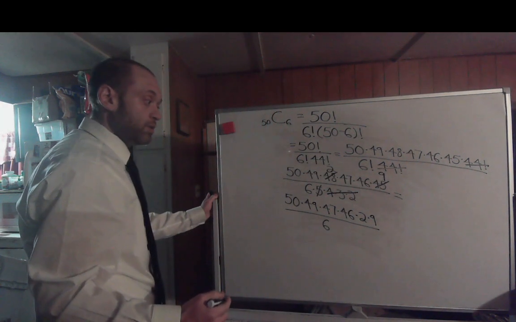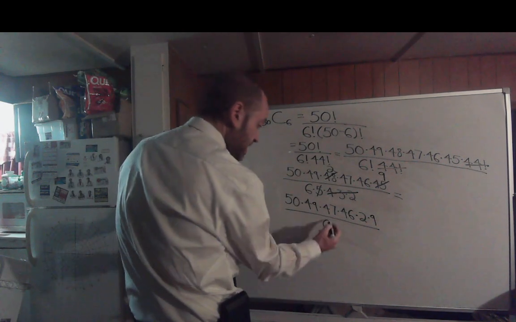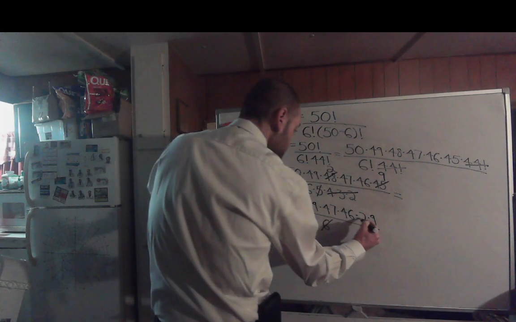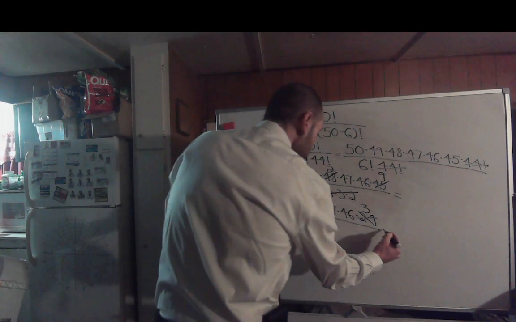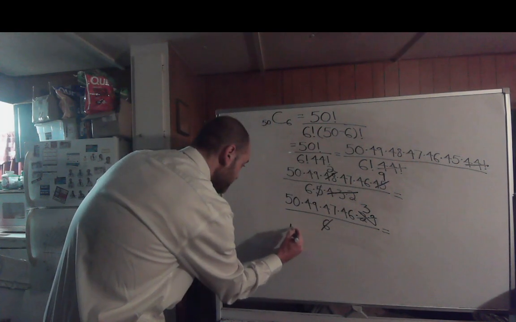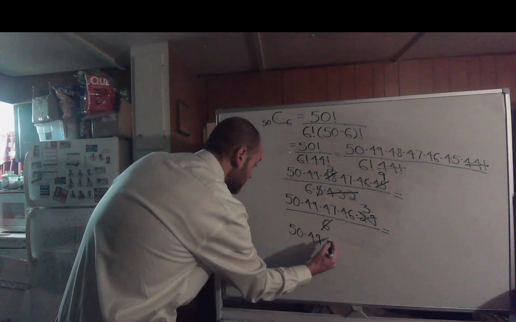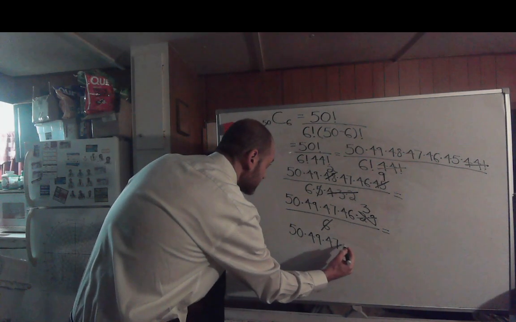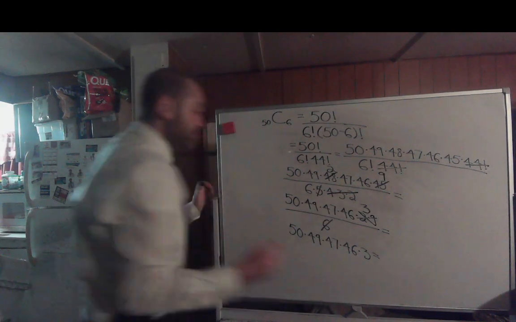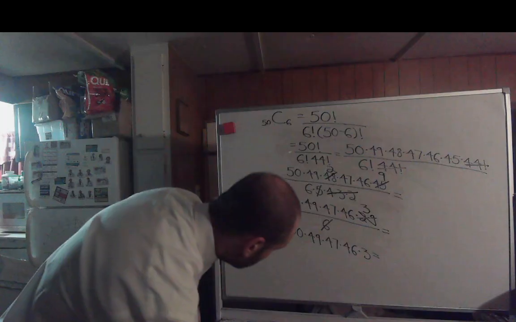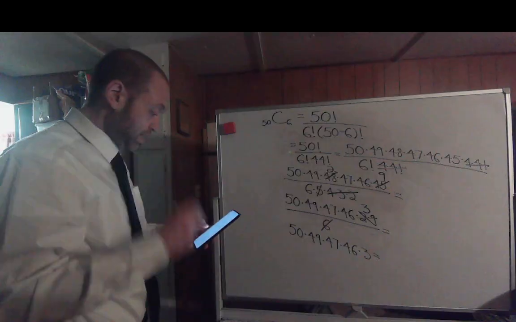Well, what do you know? Isn't 2 times 9 18? 6 goes into 18 3 times. So both of those combined would just be 3. So what you finally have is 50 times 49 times 47 times 46 times 3. A very big multiplication problem, but that's exactly what you have once you simplify all this.